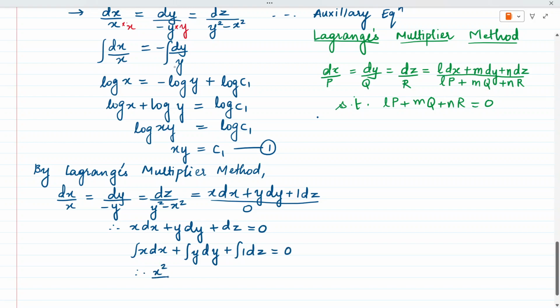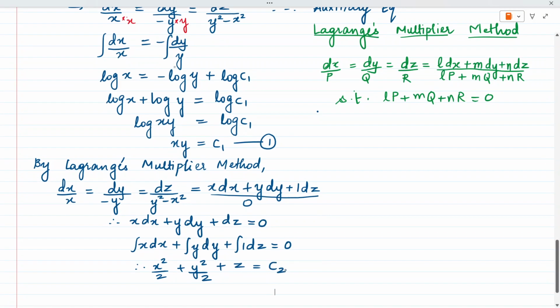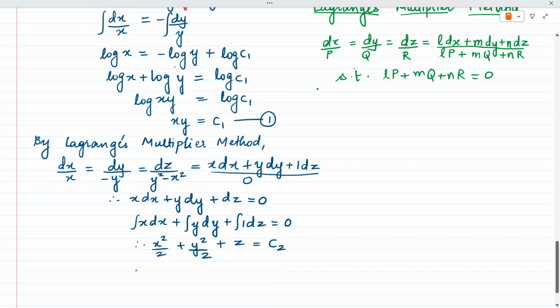So this is x square upon 2, plus y square upon 2, plus z is equal to c2. We'll multiply throughout by 2 and we'll get x square plus y square plus 2z is equal to c3, where c3 is equal to 2 times c2.